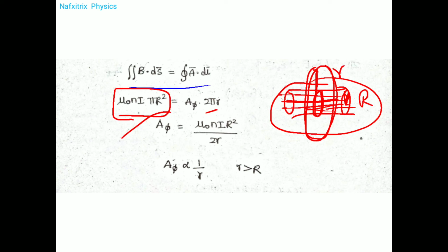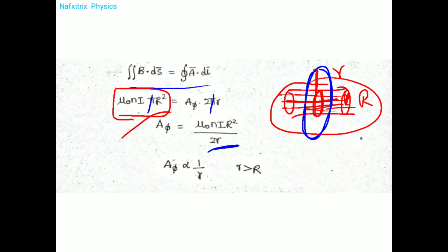As we are residing outside, in this circular form we are going to get the circumference of the circle, which is nothing but 2 pi r at the particular distance r. Now pi would get cancelled, and what would remain is mu 0 n i R square by 2r.